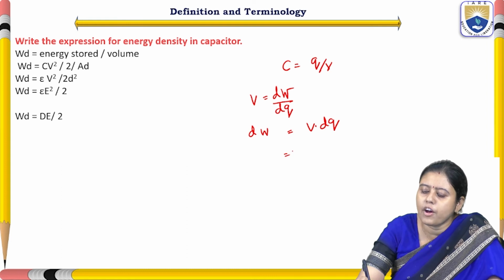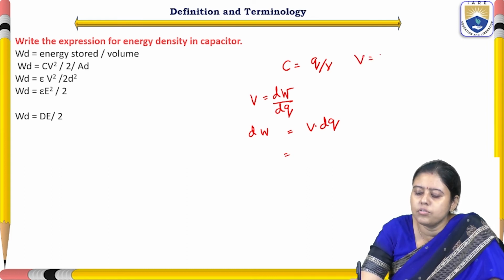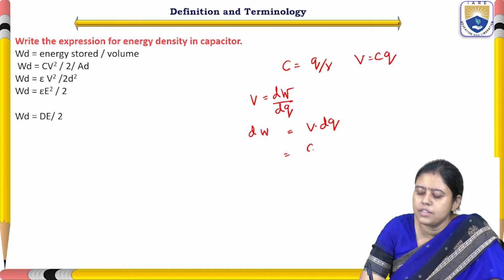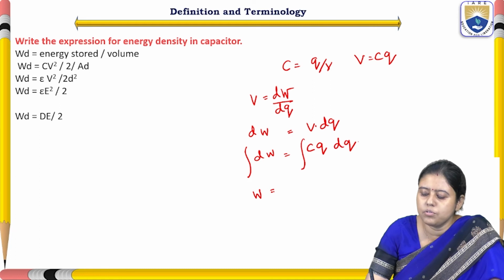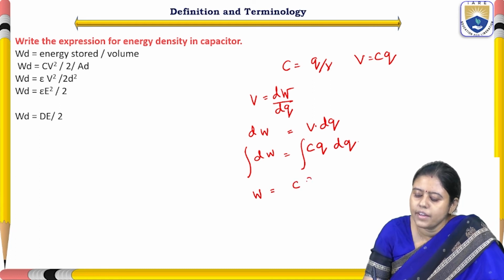So what is V from here? V is equal to Q by C. So if we integrate both sides, what we will get? We will get W is equal to Q squared by 2C.